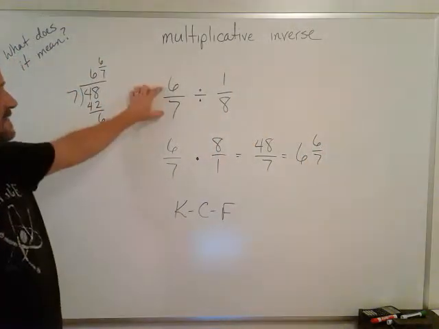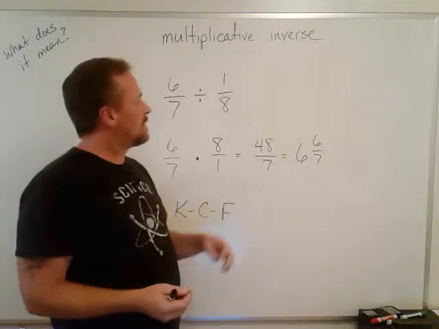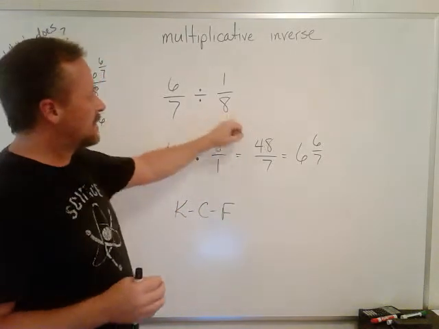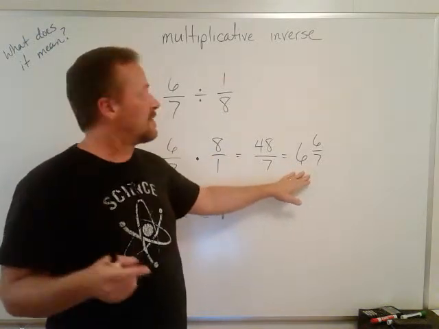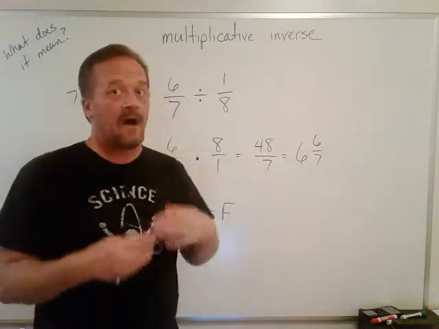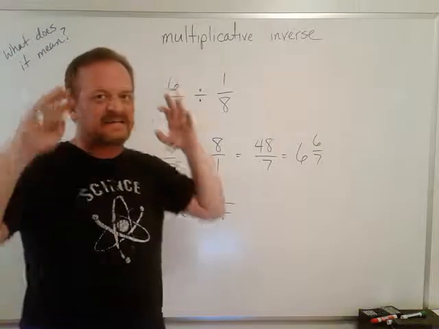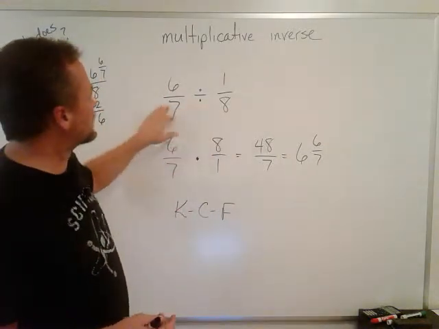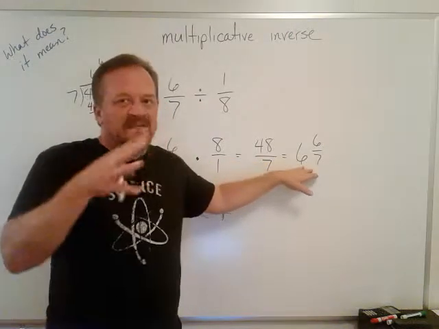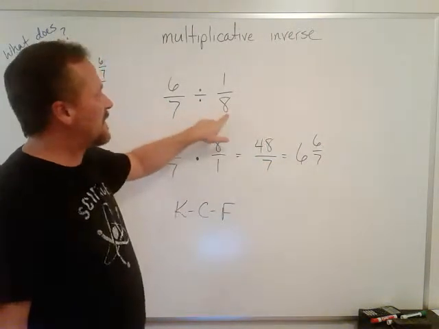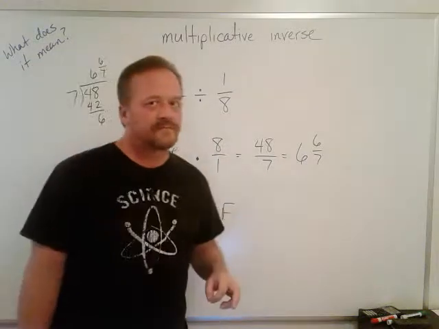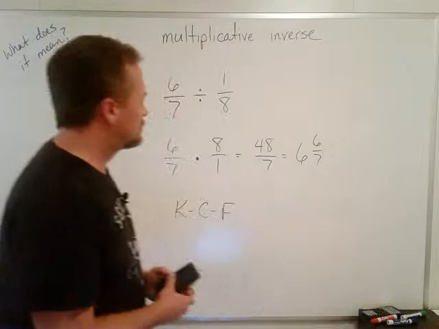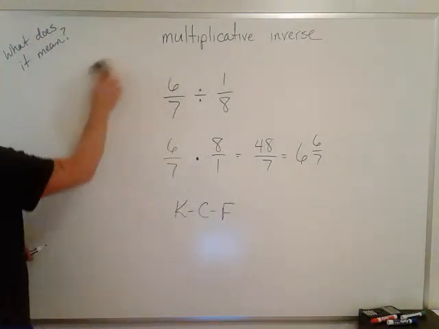So if I had 6/7 of something left over, and I wanted to know how many 8s were in that, this tells me that there are 6 8s and 6/7 of an 8. I know that sounds really weird, but that basically means that if I were to try to find out how many 8s are in 6/7, it's almost 7. So there are almost 7 8s in 6/7, okay? Keep, change, flip.